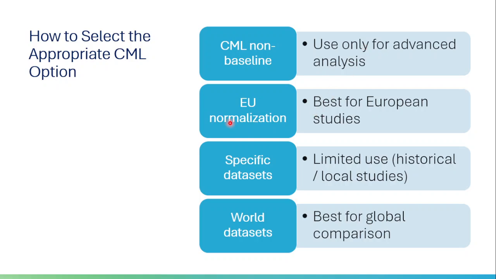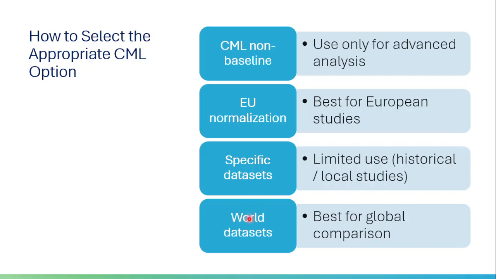For regional studies in Europe, EU-based normalization such as EU25 is the best option, and specific data sets like the Netherlands or West Europe are mainly useful for historical or localized studies.